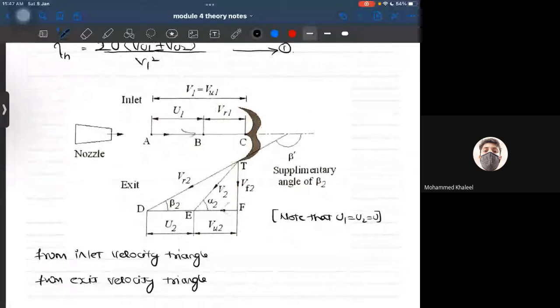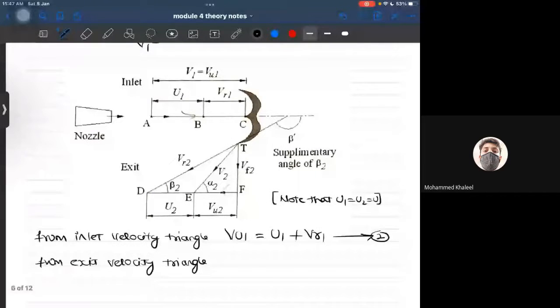You can see that VU1 is equal to U1 plus VR1. So, I would take this as equation number 2, because we have taken the earlier one as 1. From the outlet, that is the exit velocity triangle, apply cos beta 2. Beta 2 is here.